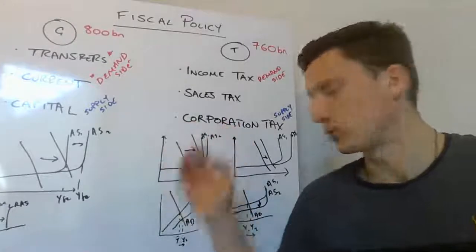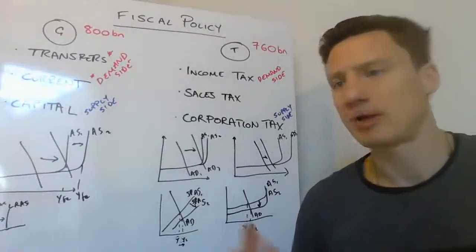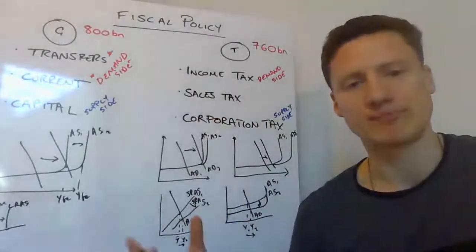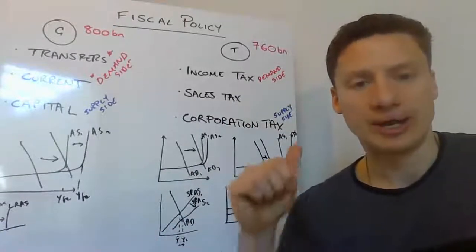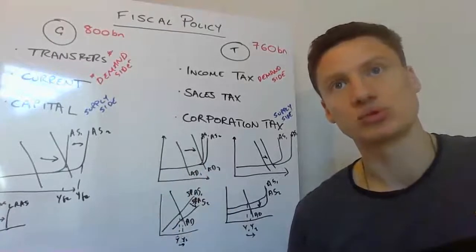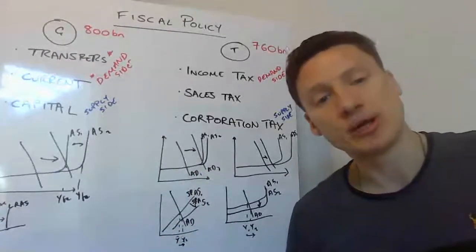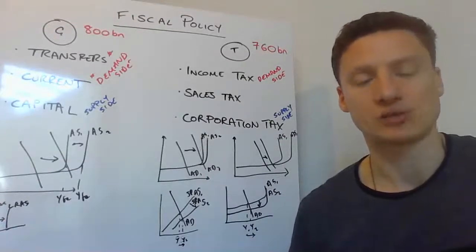It doesn't shift the vertical component of the Keynesian AS curve. And so therefore, I'm loath to put it in any demand side or supply side bracket. For me, this is simply a way of either increasing tax revenue if you were to push sales taxes upwards, or reducing tax revenue if you were to push it downwards. And the reason you might do that, therefore, is simply to reduce inflationary pressure if that's what you've got in your economy.